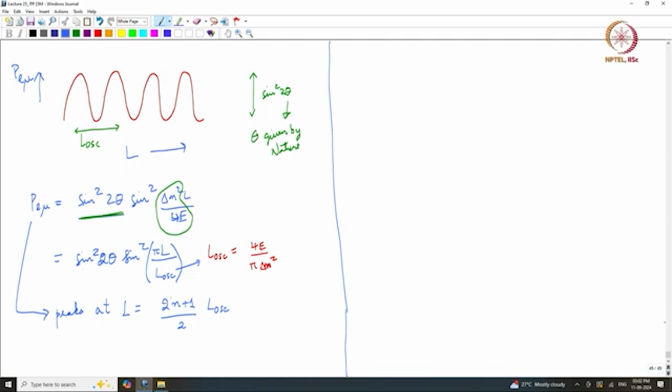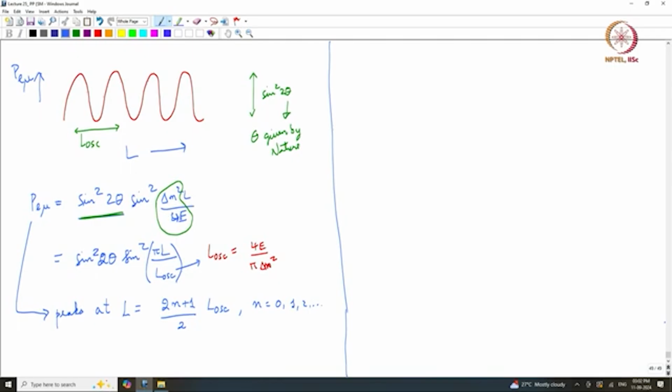That's the reason why we talk about this quantity at all, where n is of course 0, 1, 2 and so on, right? Take 0, that just means I have L as half times the oscillation length. If I put that in, I get what? Sine square pi over 2, which is 1, correct? So that's a point where the probability peaks, correct?